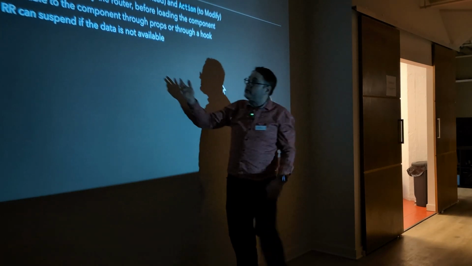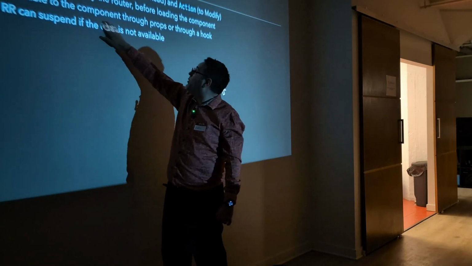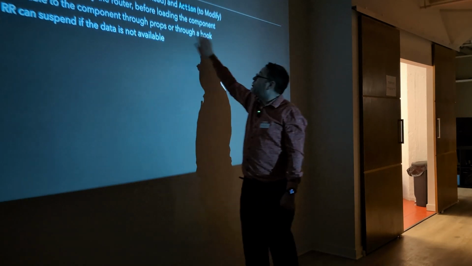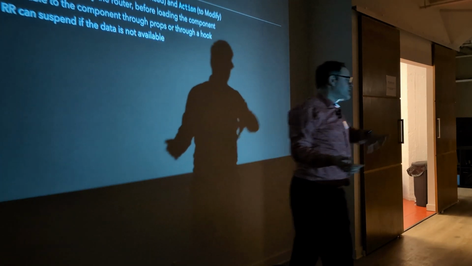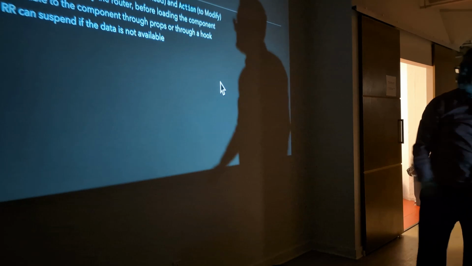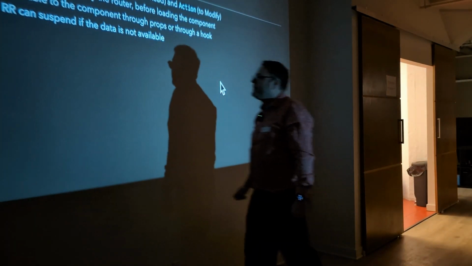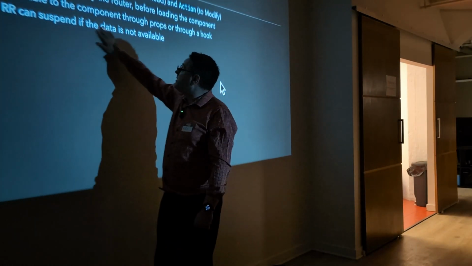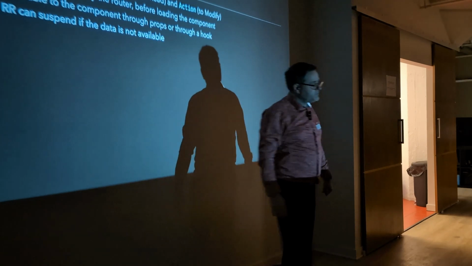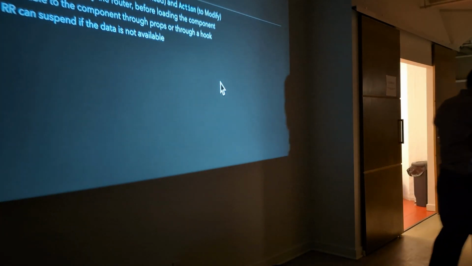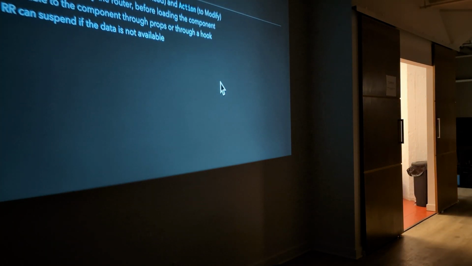Then the component will have this data available through the props or through a hook, depending on whether we're using the library or the framework. And finally, React Router can suspend if the data is not available. So this philosophy is quite elegant.